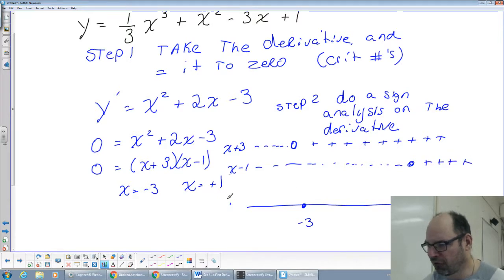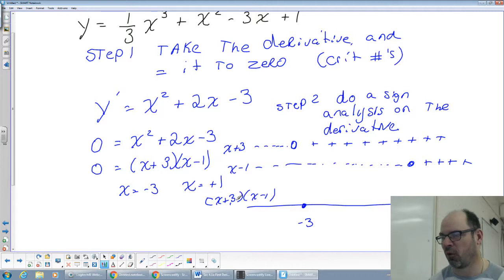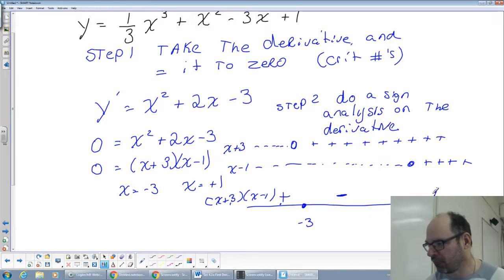So for the full curve, now you could have done just this one only if you wanted, but then you'd have to know where the critical points are. So this is positive here: two negatives make a positive. A negative times a negative makes a positive. A positive times a negative makes a negative. A positive times a positive makes a positive.